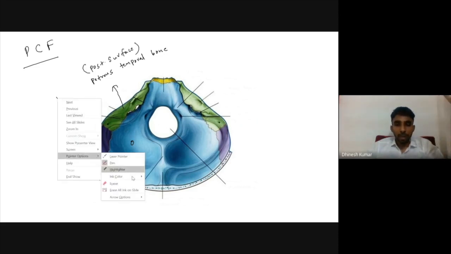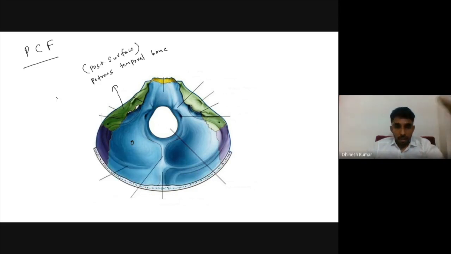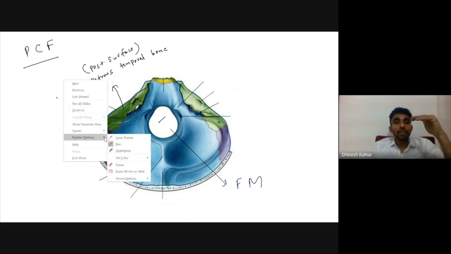Okay, fine. What are the important features of the posterior cranial fossa? This is the largest opening present at the base of the skull, which is located in the posterior cranial fossa, namely foramen magnum, isn't it? And can you see just in front of foramen magnum, we have one sloping surface?